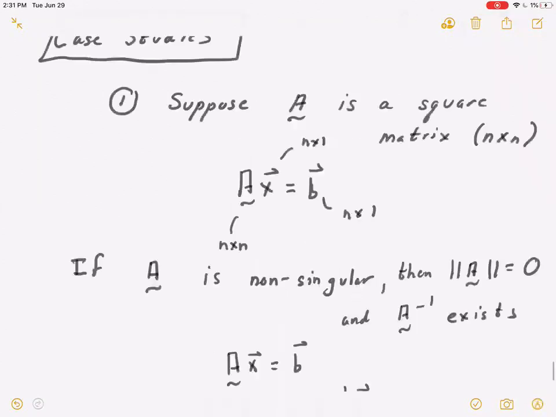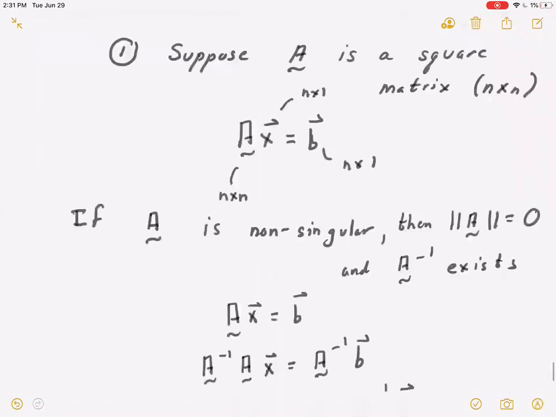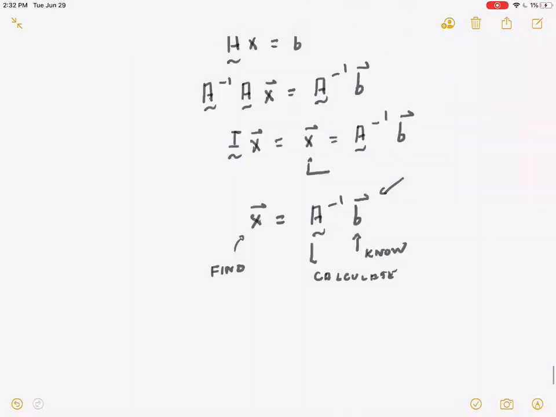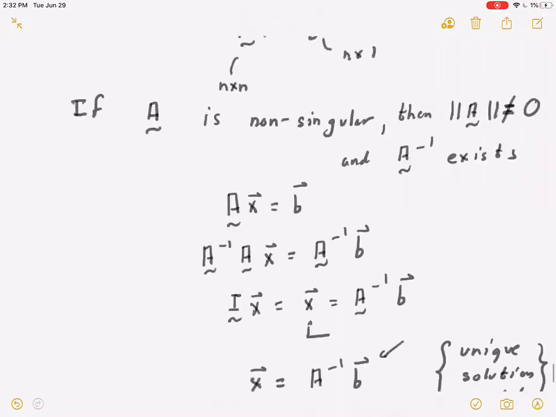So in case one, if A is a square matrix, and if A is non-singular, as a typo here, if it's non-singular, it means its determinant is not 0, sorry. And then if that's true, then its inverse exists. So this tells you immediately that for this problem, you have a unique solution. If you want to figure out whether a problem has a unique solution or not, just look at A. And if A is non-singular, you're fine.